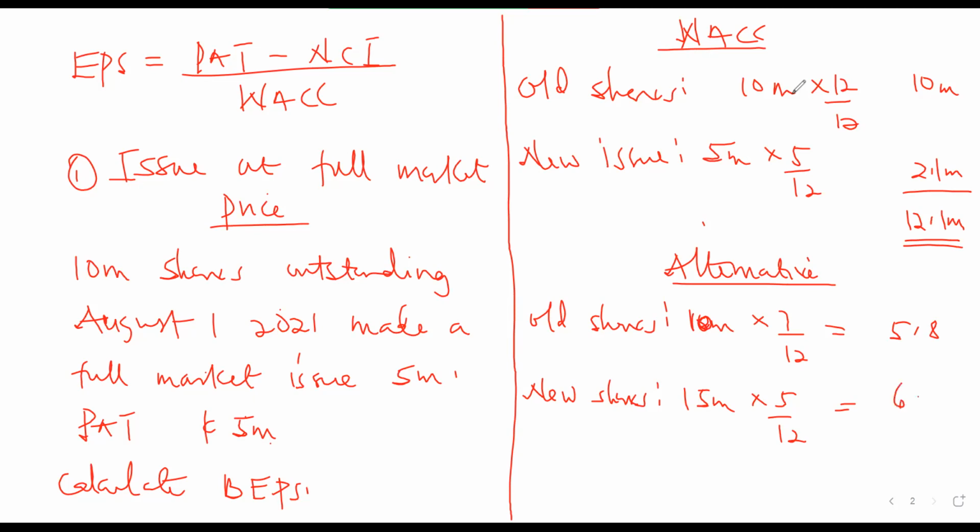Okay, so 6.3. What are you getting? 12.1, isn't it? Will it still be 12.1? Yes, please. Okay. So our basic earnings per share will be equal to the 5 million divided by 12.1.